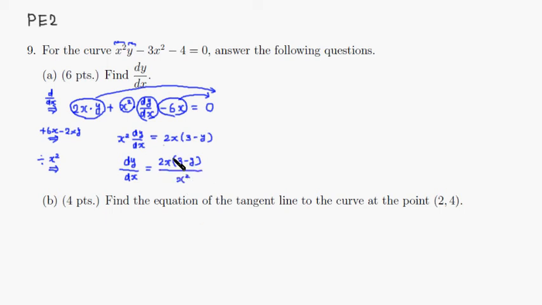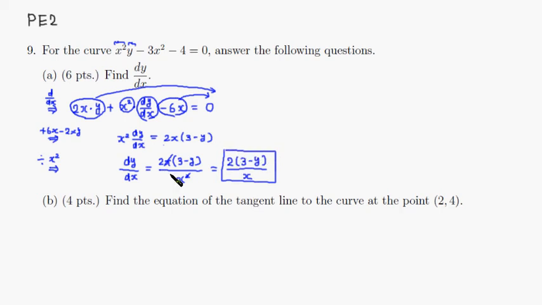There's an x on top, so I can cancel one of the x's. We can clean it up a little bit. So it's 2 times quantity 3 minus y, all over x. So that's the derivative dy over dx.